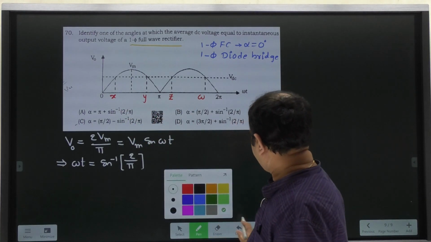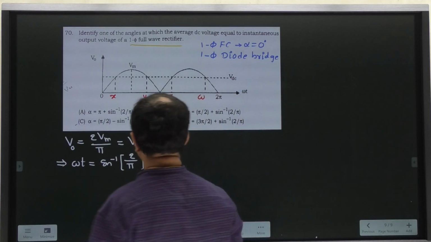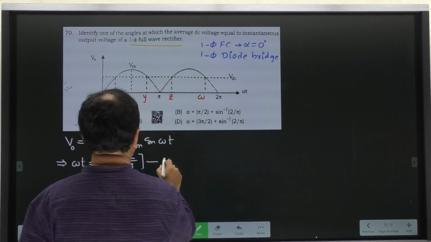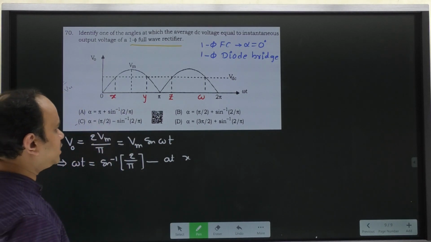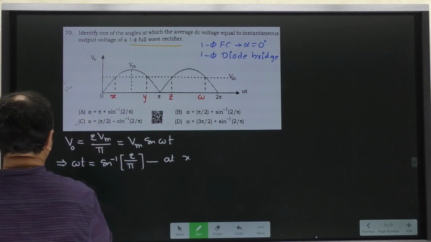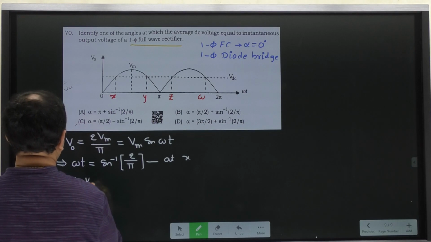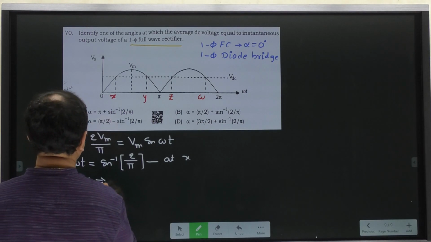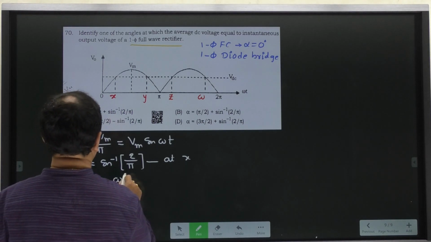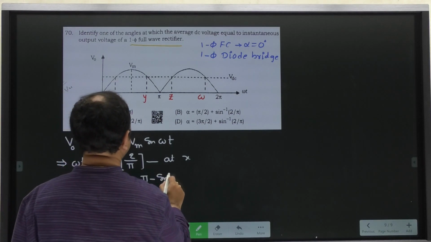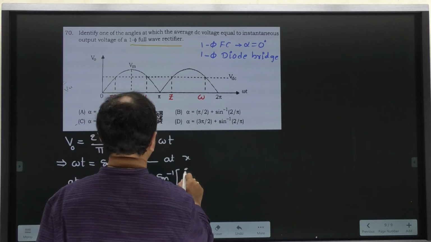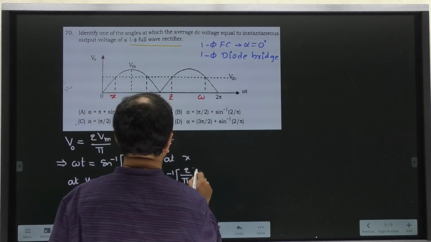Now if you look more closely, this equation will satisfy at point X, but that option is not there. Next, Y, what is the angle? Omega t is equal to pi minus sin inverse 2 by pi.